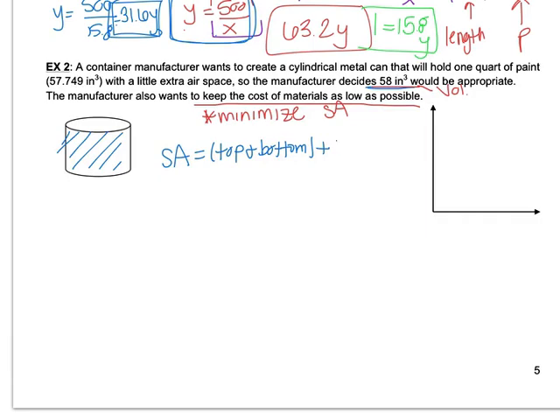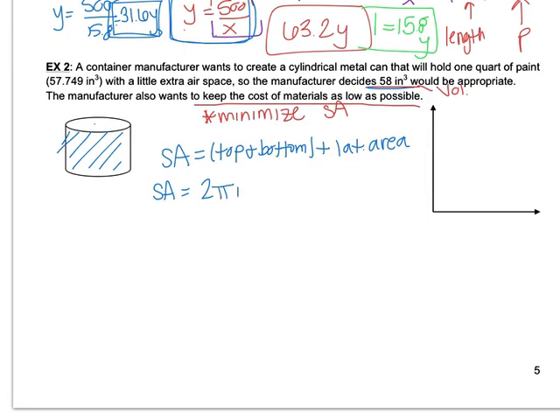So that's the lateral area. And we need to figure both of those out, and that will be our function for surface area. The top and bottom is just a circle, and the area of a circle, hopefully you all know, is pi r squared. But we have top and bottom, so we need 2 of those. So our surface area equals 2 of the pi r squareds.